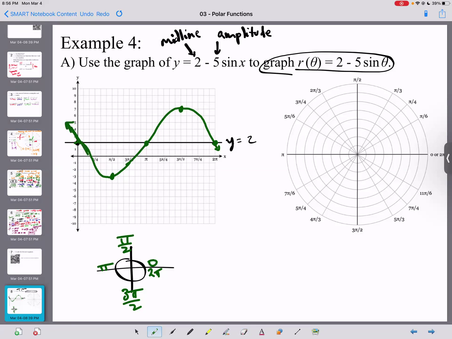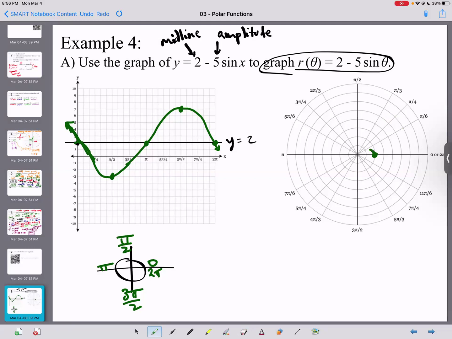Okay, so here's what happens. Starting at the angle 0, we're out 2 units above the x-axis. Now, as I move around, remember, angles go this way. That's the direction we're moving. As our angles start getting larger, we're going to have a 0 in here. At some point, we're going to hit 0, which means on the polar graph, we're going to go through the polar axis.